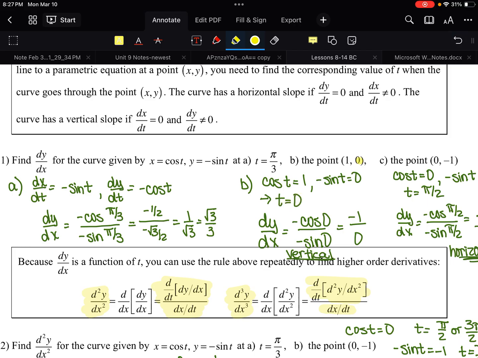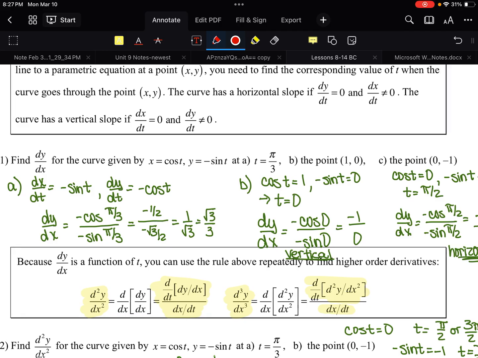Same thing for the other one. When is the y-coordinate, negative sine of t, equal to 0? What angles on the unit circle have 0 for a y-coordinate? That would be 0 or pi or 2 pi; we could go on around the unit circle over and over. But what value of t would give me both of those coordinates?